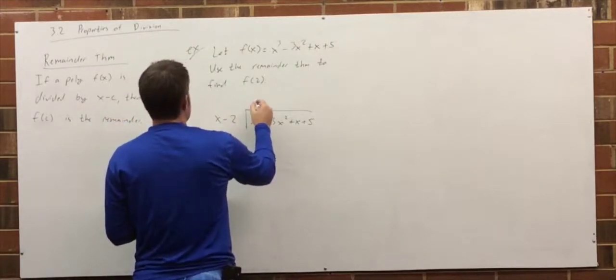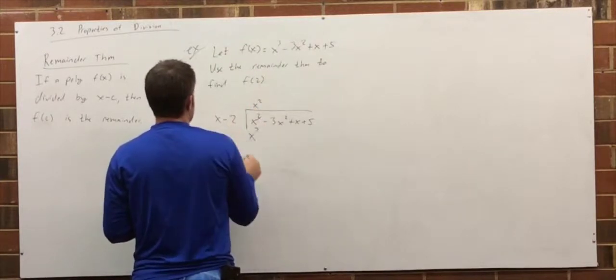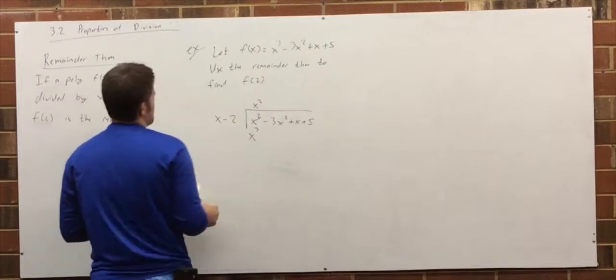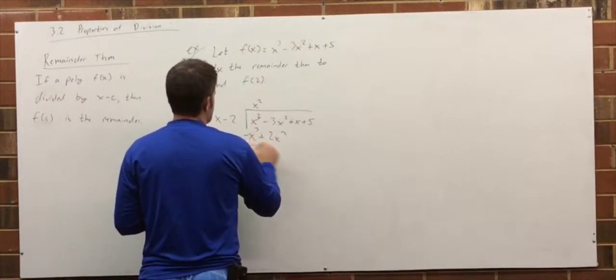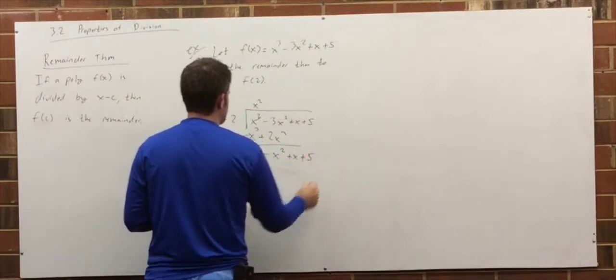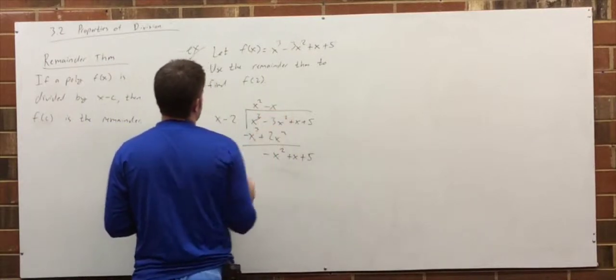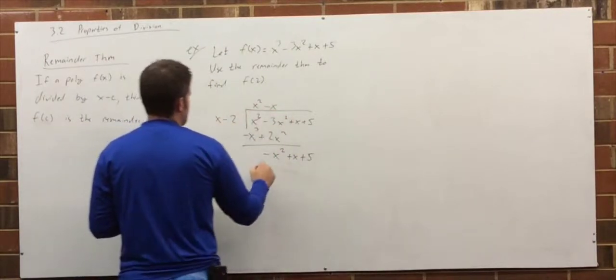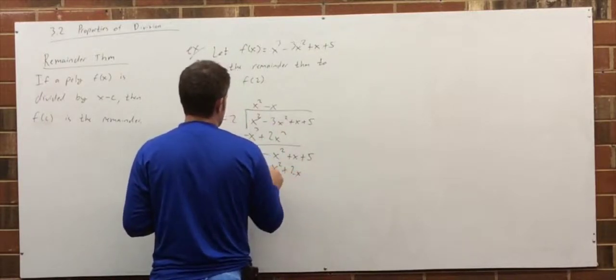So, x goes into x cubed, x squared times, which leaves us at, multiplying that, x squared times x is an x cubed, minus 2x squared, change your sign, so you get a negative x squared plus x plus 5. X goes into x squared x times, so we get negative x squared plus 2x.